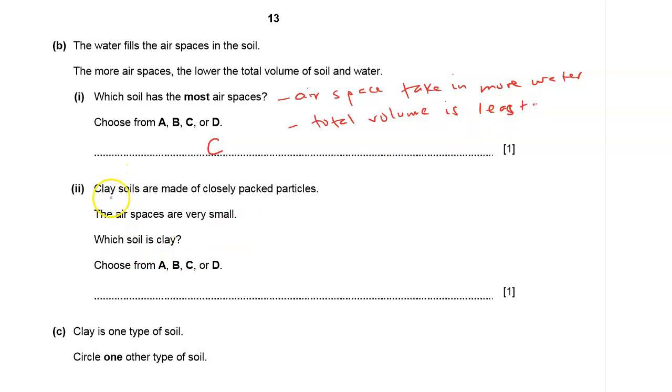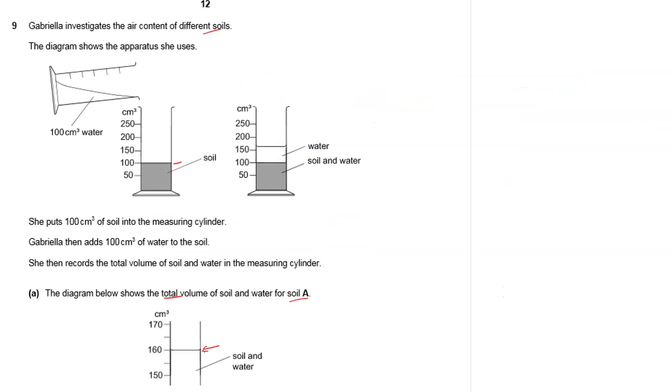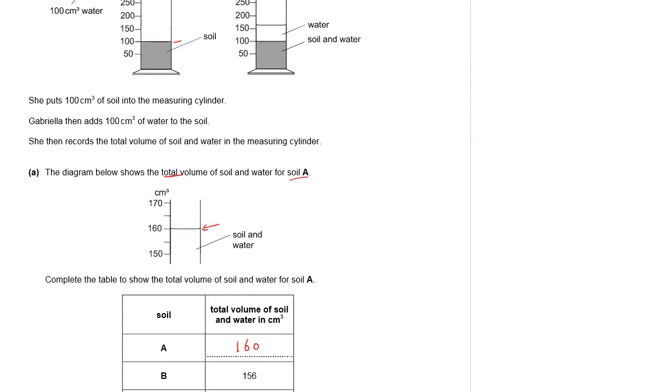Part 2. Clay soils are made of closely packed particles. The airspace are very small. Which soil is clay? Of course, clay is D. I can take you back to the table here.